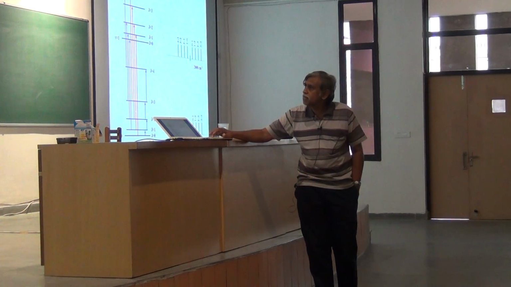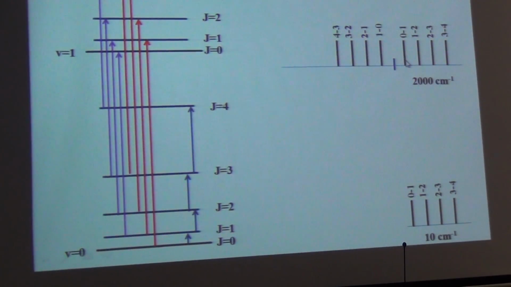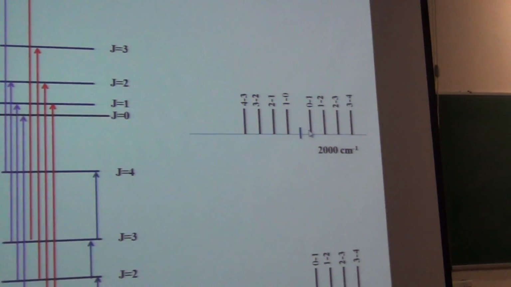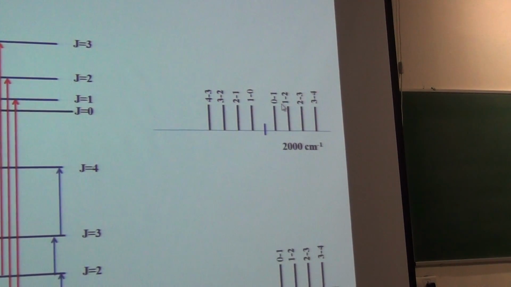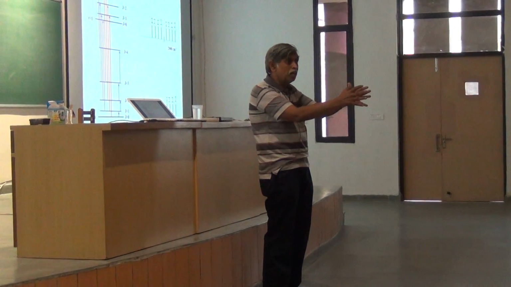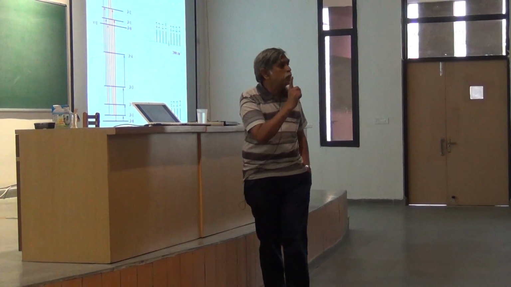What is going to be the spacing between this and this? That's 2B again. And this 2B. So when you look at the spectrum, what will happen? You'll see 2B, 2B, 2B, 2B on one side, and again 2B, 2B on the other. But somewhere in the middle, you'll see a 4B spacing, a rather large spacing. That's a tip-off.